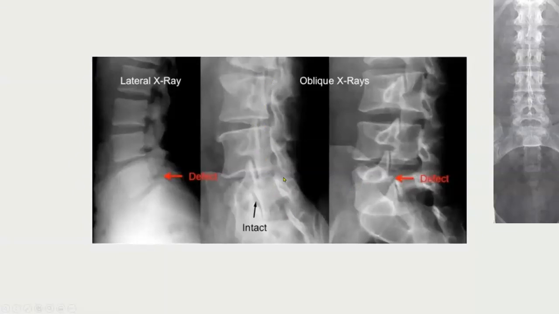It looks like it has contrast. When they looked at the pars region, here's the ear, here's the eye, the nose would come forward, the neck. In this region, there is a defect. There's an actual fracture in that region. And that would be through the pars interarticularis.